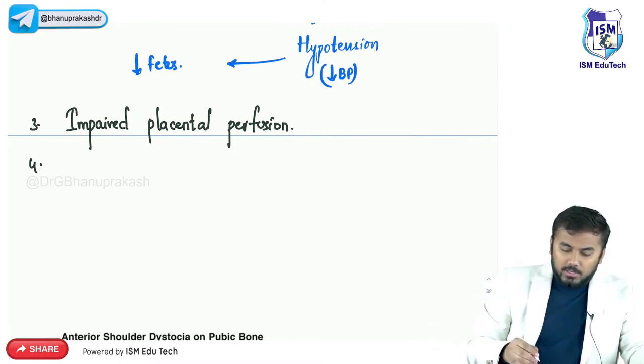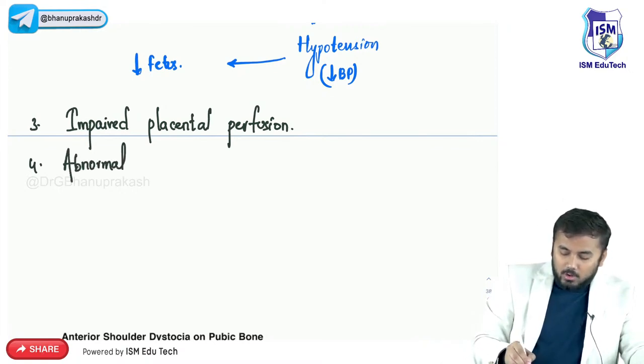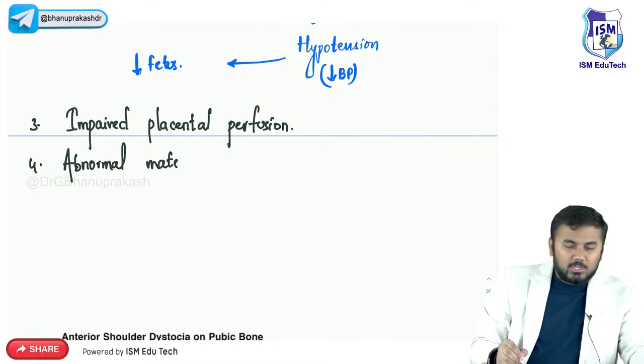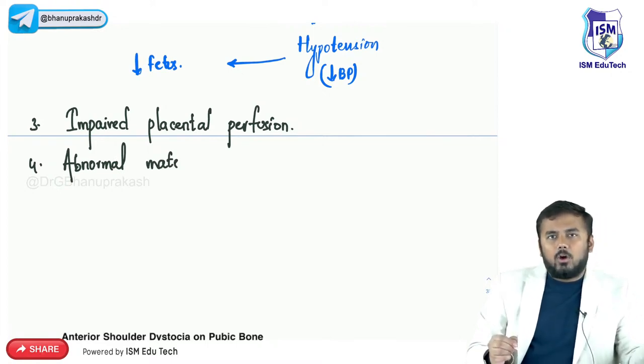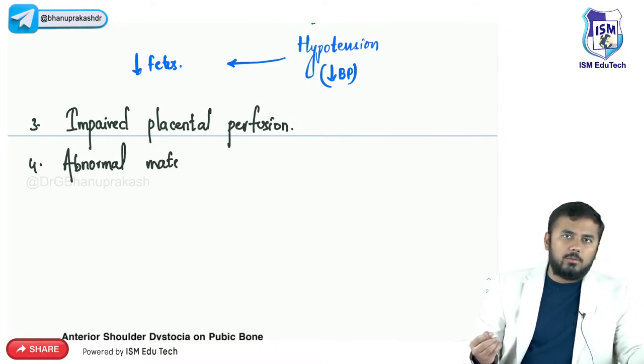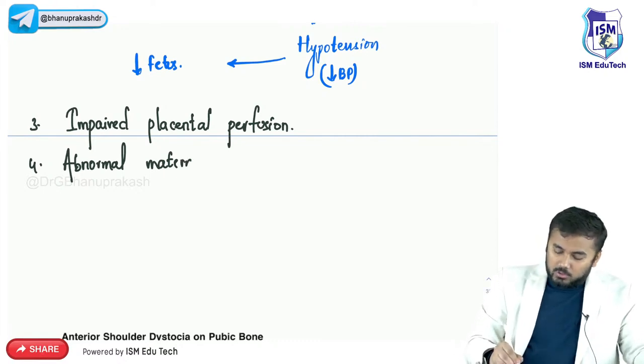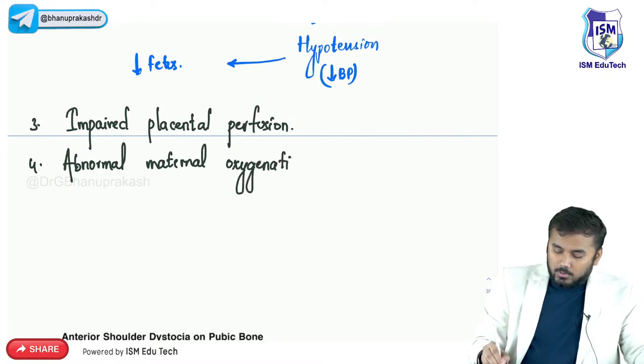You know that, very simple. Next, abnormal maternal oxygenation. This point has come again. If the mother is not sufficiently providing blood or oxygen to the baby, that will also end up causing HIE. So maternal oxygenation. Okay, this is also one intrapartum risk factor.